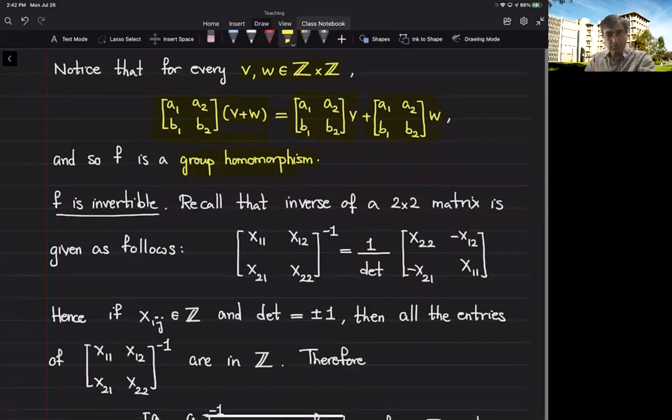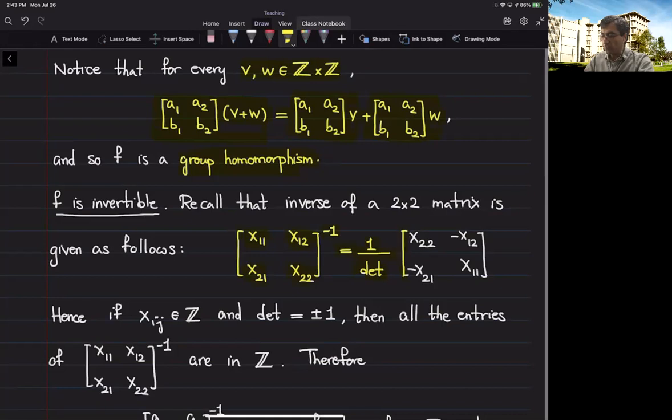Similar to linear algebra, we turn our attention to the inverse of the matrix. Again, let's recall that the inverse of a 2 by 2 matrix is easy to compute. If I give you a 2 by 2 matrix x11, x12, x21, x22, its inverse is, we take its determinant and compute 1 over the determinant.